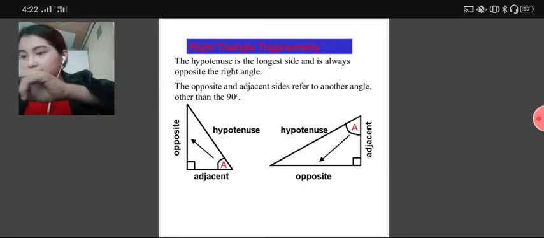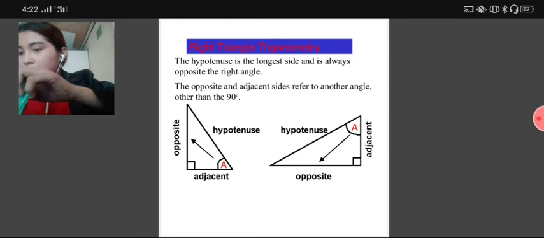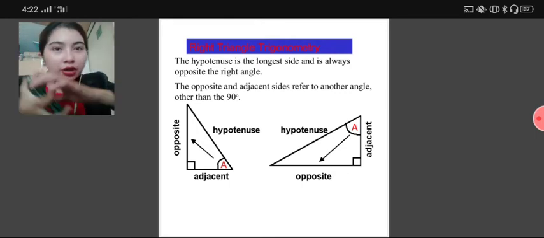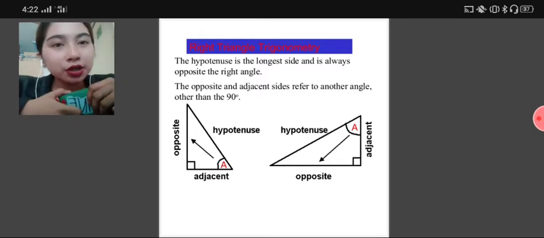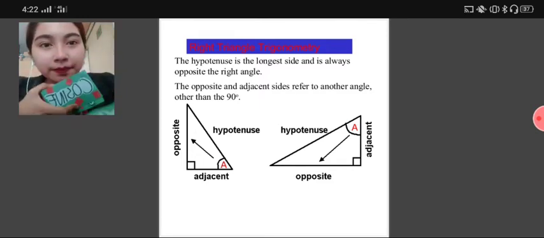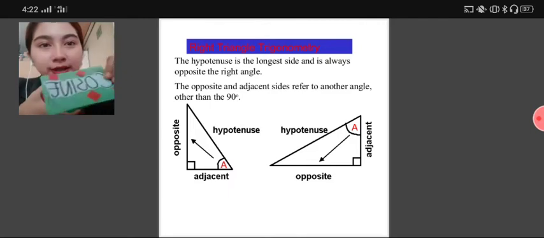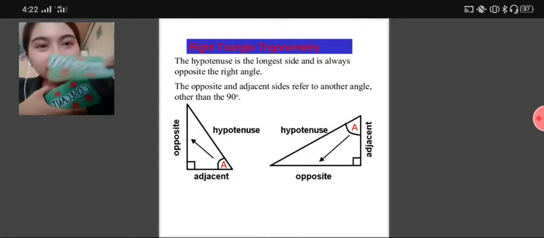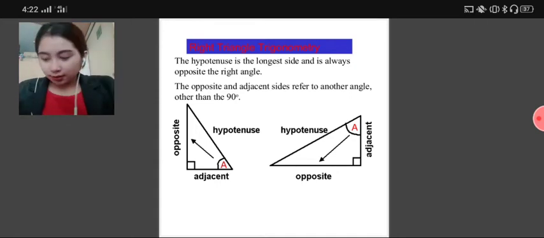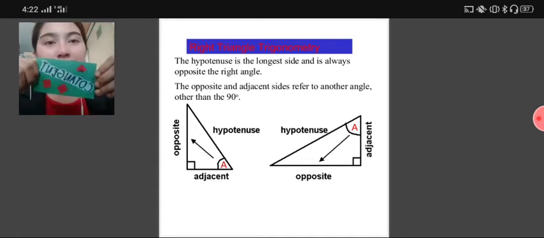Wait a second. So, we have here 6 trigonometric ratios: the sine, cosine, tangent, cosecant, secant, and cotangent.